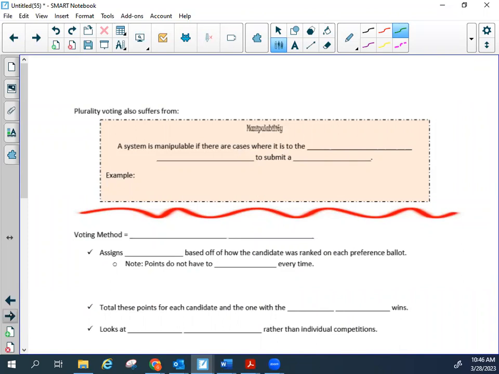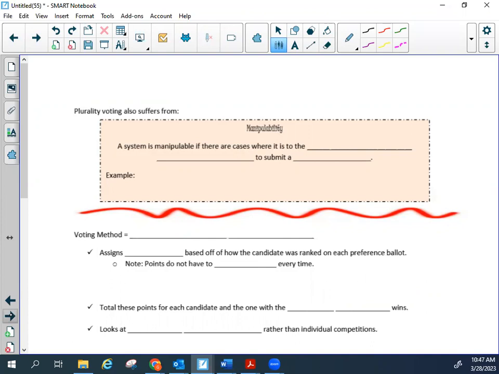Now, there is one problem with plurality voting, and the name of the problem is manipulability. If you've heard that word before, to be manipulated means somebody is making you do something you don't really want to do. They're urging you to do something different from what you feel is your best interest.